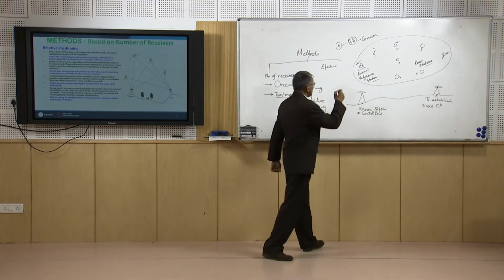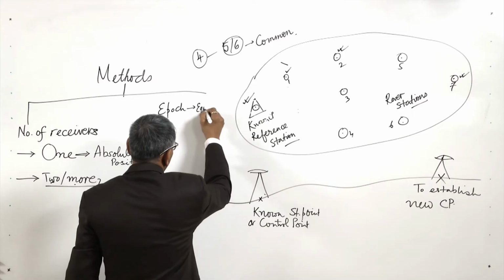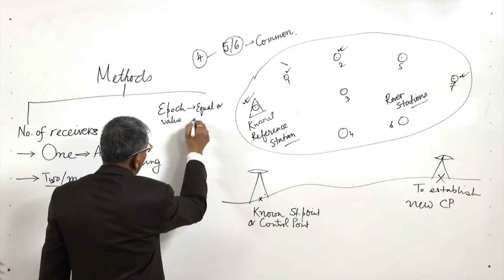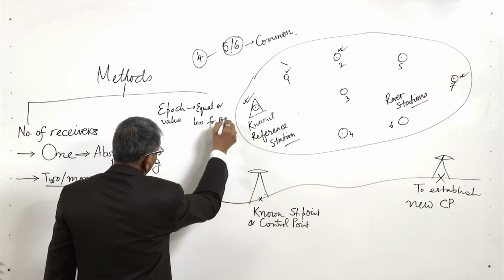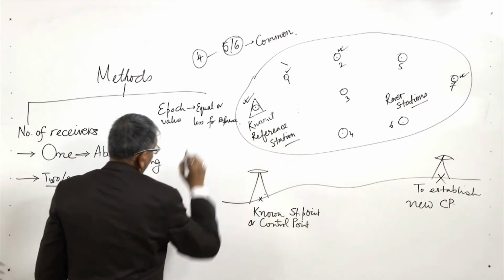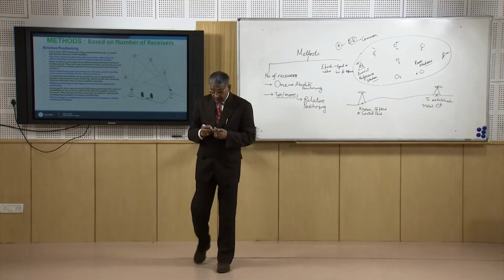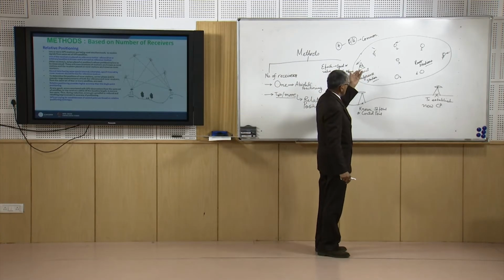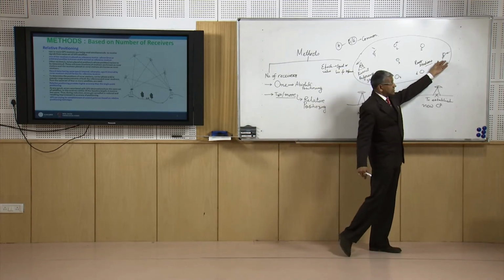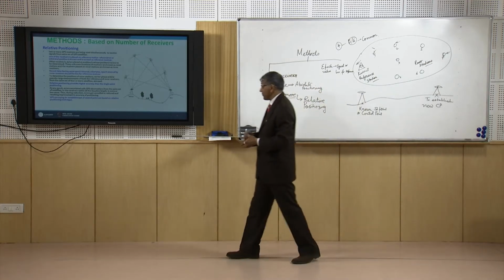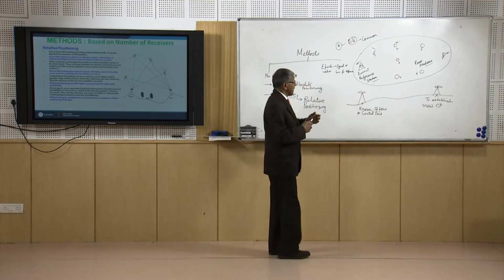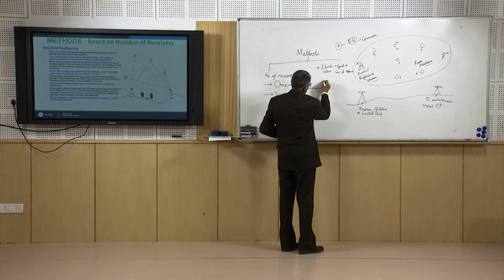So either the epoch should be equal, or the epoch value should be equal or less for the reference. The data observation should be more frequent or equally frequent in the reference receiver compared to the rover receiver. This is very important.